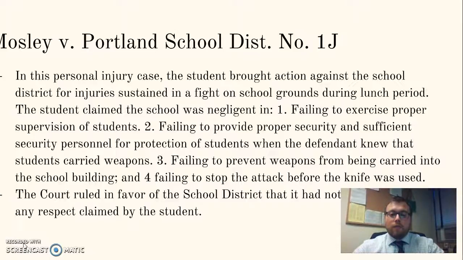Number 2, failing to provide proper security and sufficient security personnel for protection of students when the defendant knew that students carried weapons into the school. Number 3, failing to prevent weapons from being carried into the school building. And number 4, failing to stop the attack before the knife was used. The court ruled in favor of the school district that it had not been negligent in any respect claimed by the student.